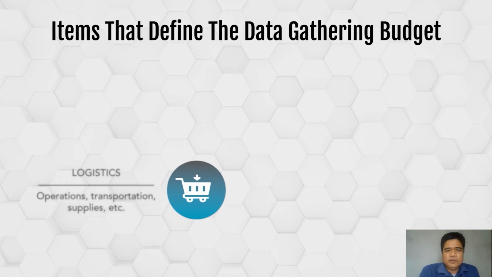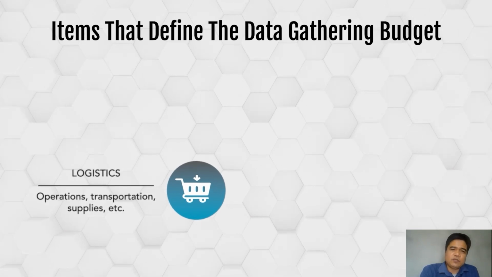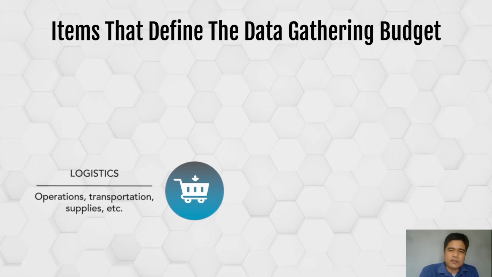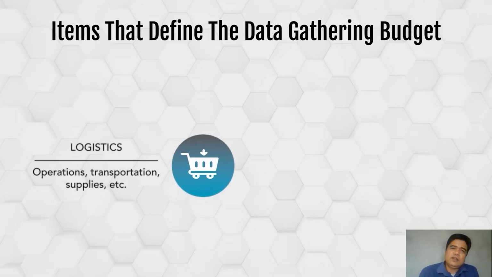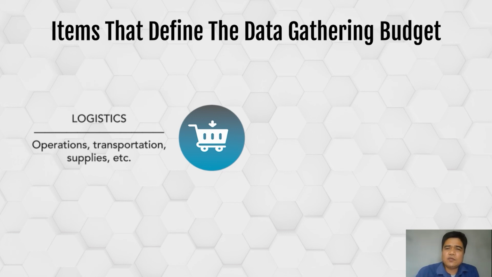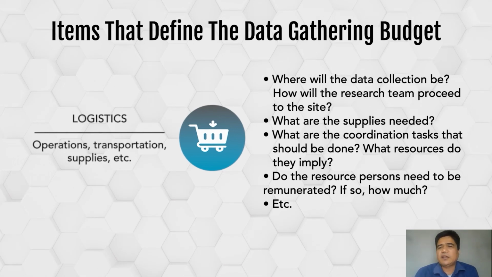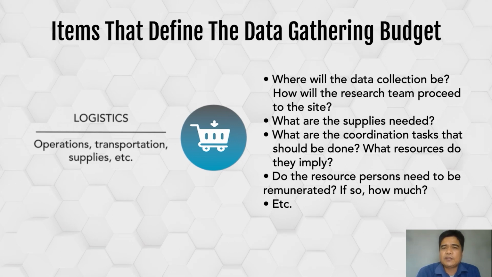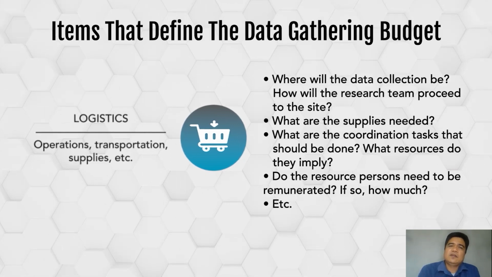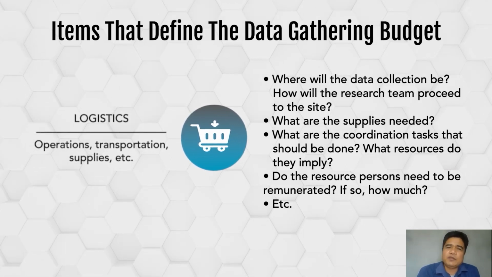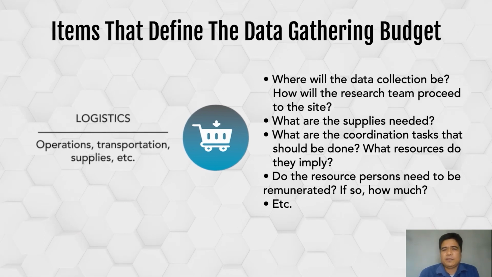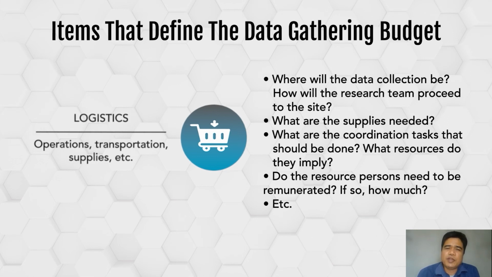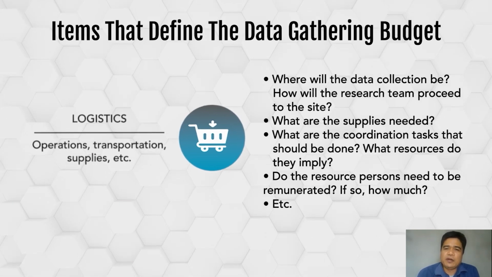Then we discuss logistics, which involves operation costs, transportation costs, and supplies. So in this discussion, we ask, where will the data collection be? Because the farther the research site, the more expensive it will be. Of course, transportation costs will be at play here.